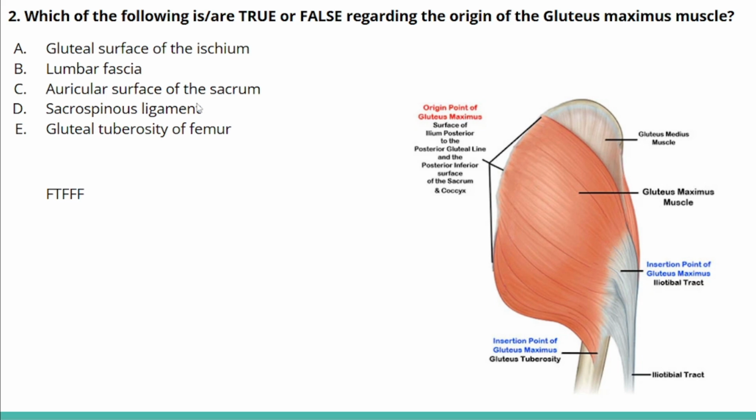Sacrospinous ligament is false. It's from the sacrotuberous ligament. And gluteal tuberosity of femur is also false, because the gluteal tuberosity is where the deep fibers of the lower part of the gluteus maximus muscle insert. It's not a point of origin but rather a point of insertion.